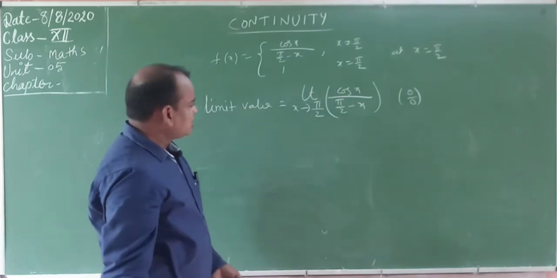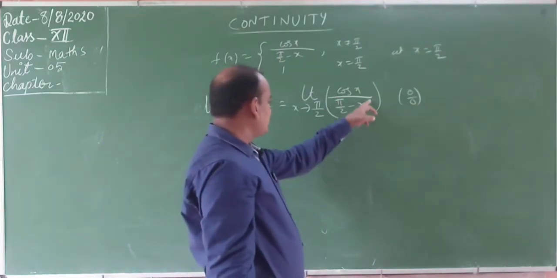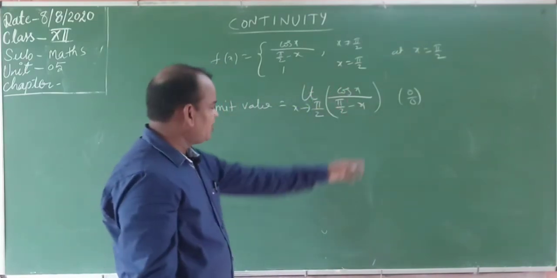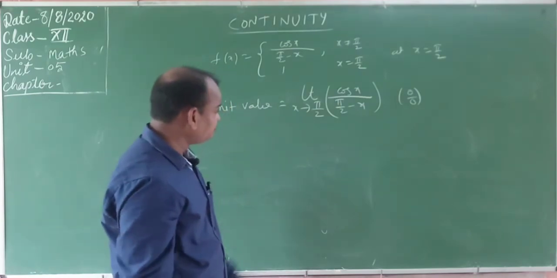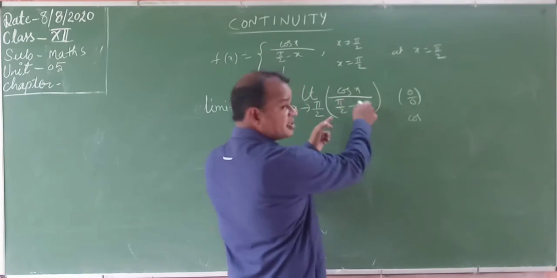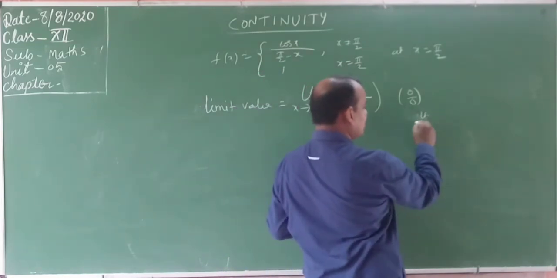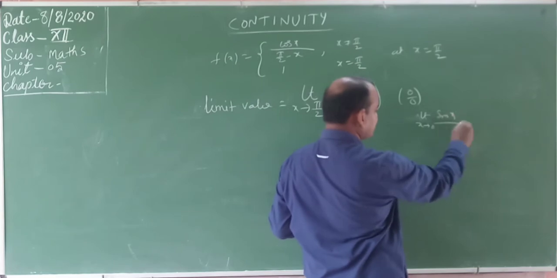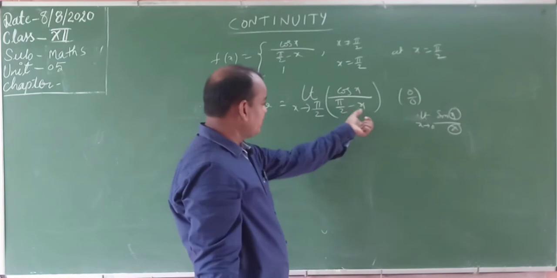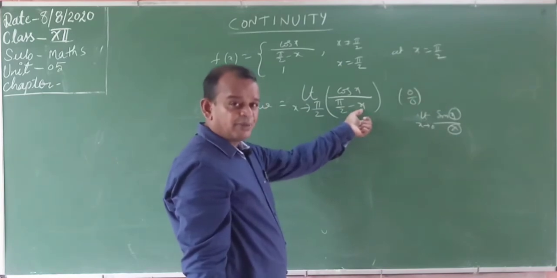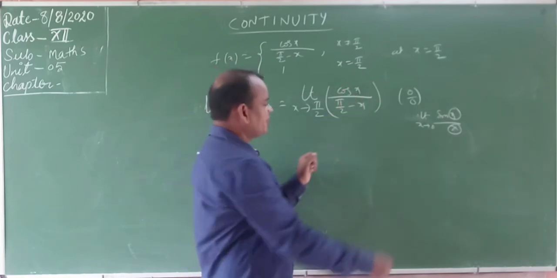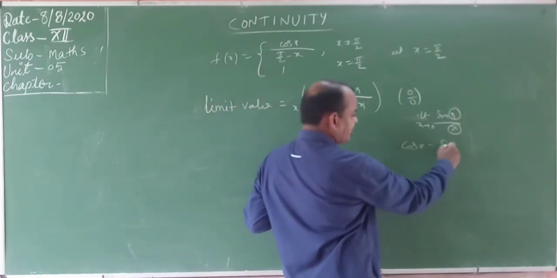Here pi by 2 minus x is there, and cos x is there; don't change it at all. What is the formula? Actually the formula is limit x tends to 0 of sin x by x. This angle and this value are the same in sin x by x. Here pi by 2 minus x is there, so 100% the numerator should be sin. Cos theta is equal to sin of 90 minus theta.